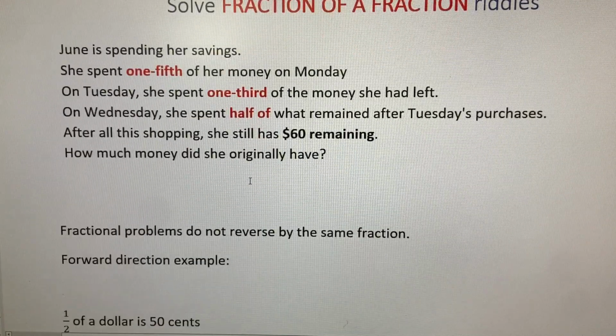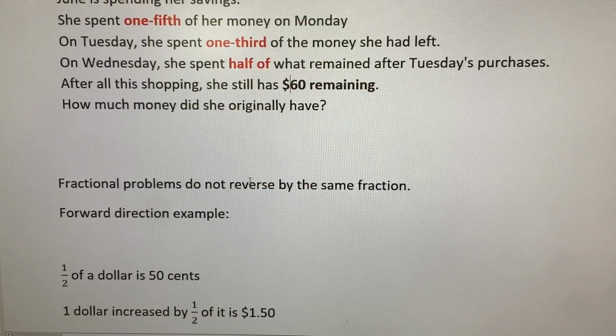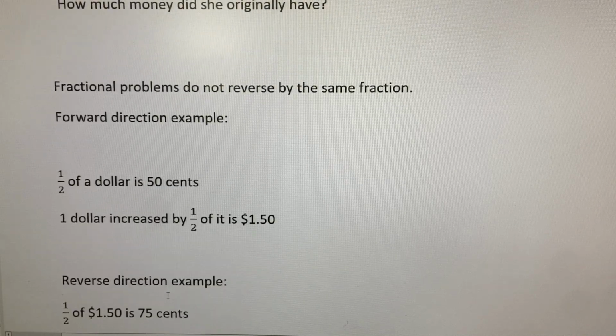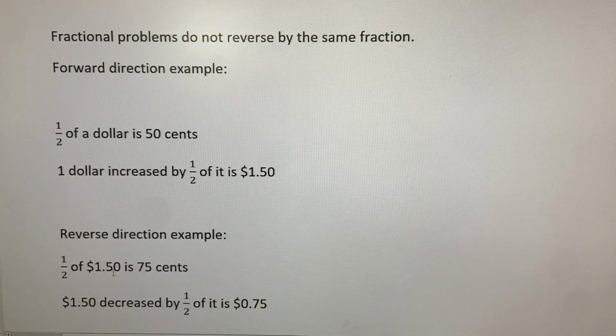Take a look at this example here. Half a dollar is 50 cents. So there's your fraction in it. So far so good. Now, when $1 is increased by half of it, by that 50 cents, it's $1.50. Now if you're trying to use this half, this fraction, then you're not going back to $1, because half of $1.50 is 75 cents.